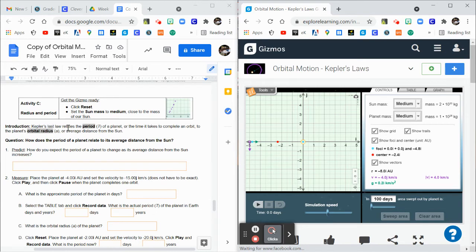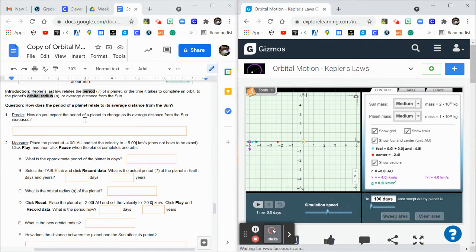Kepler's last law relates the period of the planet, or the time it takes to complete an orbit, to the planet's orbital radius A, or average distance from the sun. So the period is the time that it takes for a planet to go around the sun. Now, how does the period of a planet relate to its average distance from the sun? Okay, let's see.